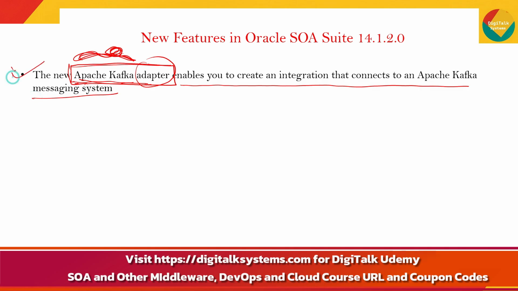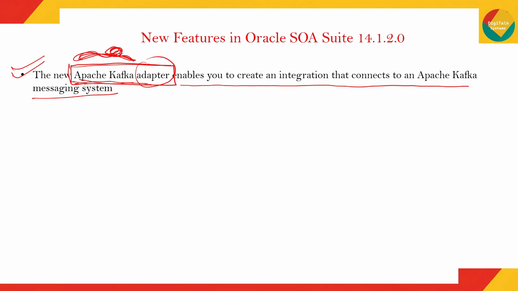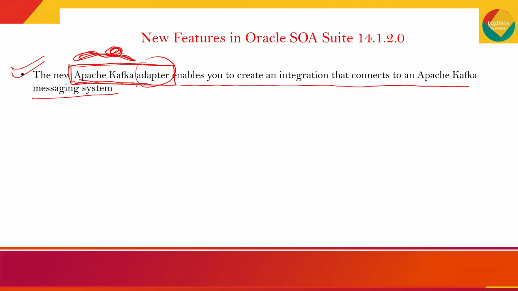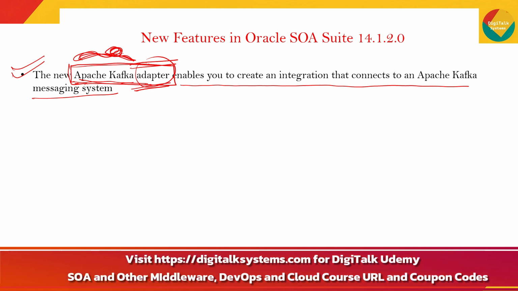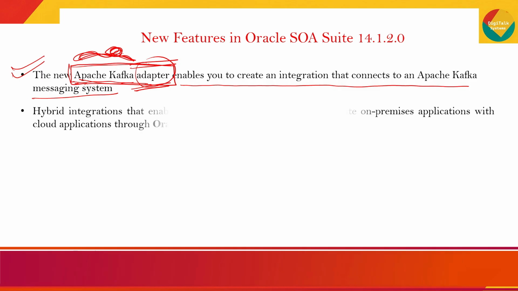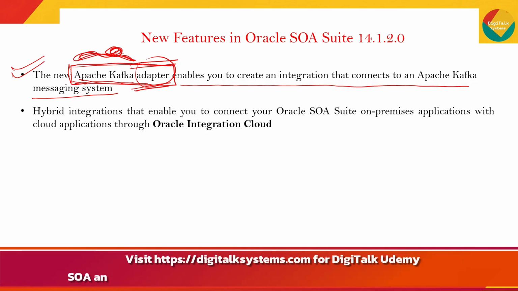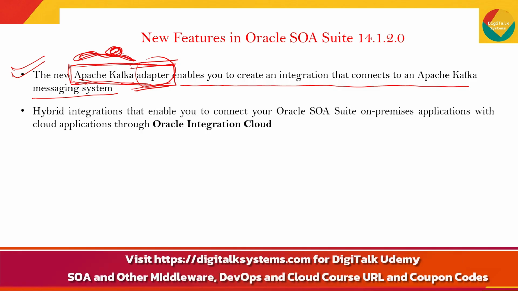This is one of the major enhancements for messaging integration. It is part of the standard adapters shipped with Oracle SOA Suite, where you will find the Apache Kafka adapter for integration with your application.